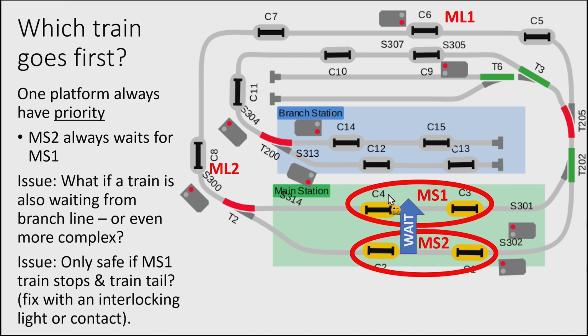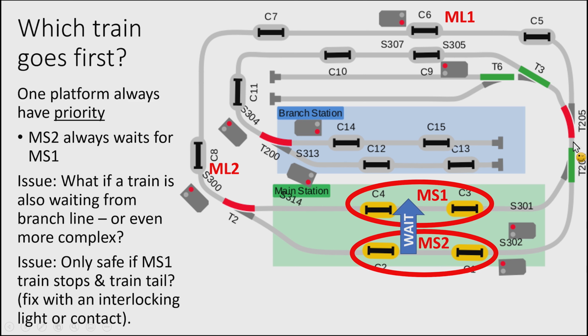However, it will work. There is, though, one thing you need to think about. Let's say MS2 actually checks whether or not MS1 is free, and then it starts moving. What if a train comes from ML2, goes through platform 1 without stopping, and then just continues?